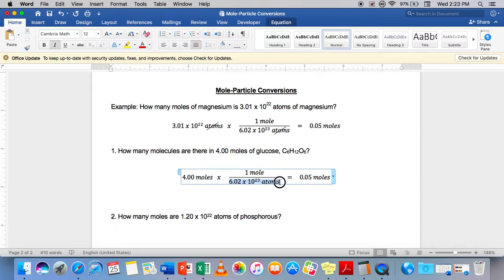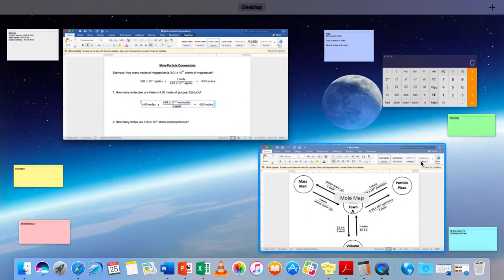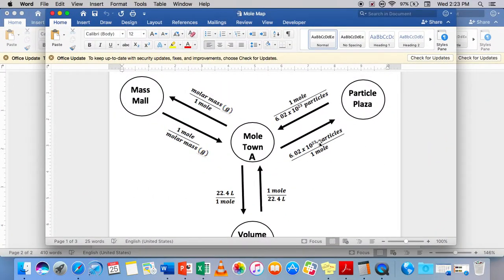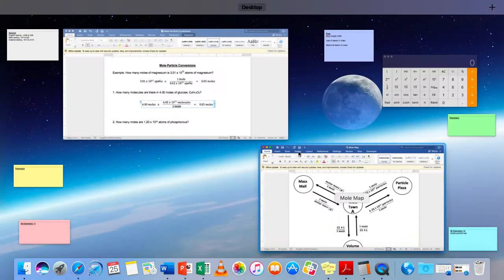So I'm going to see if I copy that. There we go. I can put 6.02 times 10 to the 23rd. Now I want to change it to molecules because that is what I'm looking for. And then on the bottom, according to the mole map, it said I need to put 1 mole, right? 6.02 times 10 to the 23rd on top, 1 mole on the bottom.